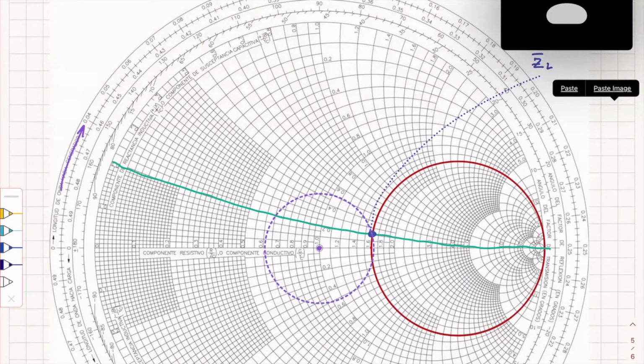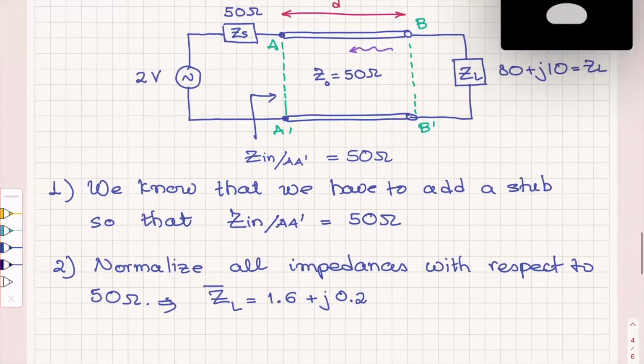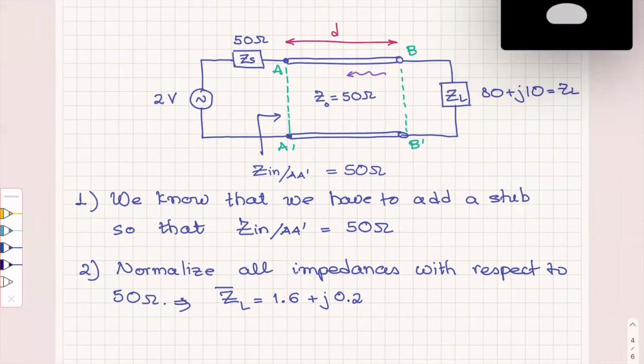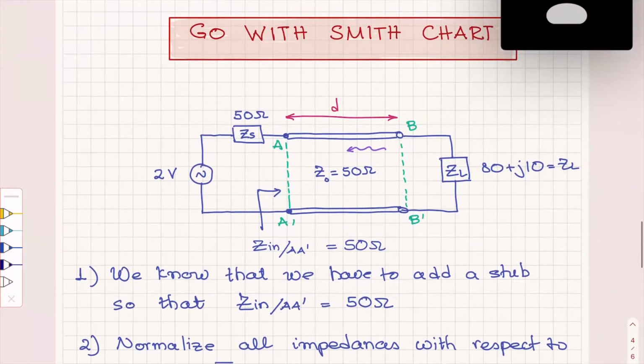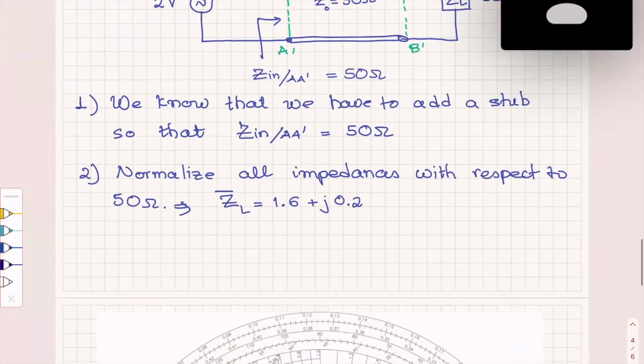Let's assume that I have to stop somewhere where I will be able to place a series stub. I'm working with impedances, rather.